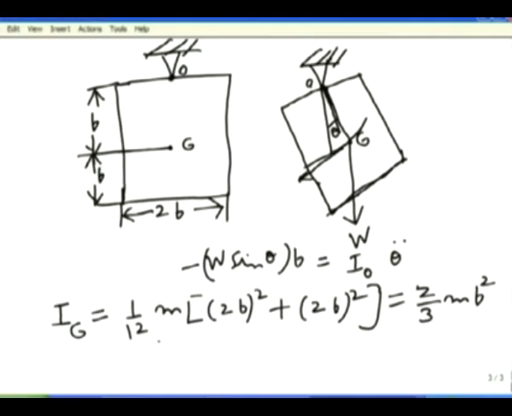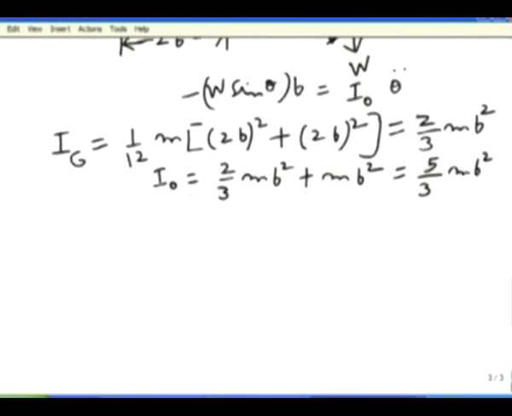So, therefore, I0 will be 2 by 3 mb square plus m times b square. Total mass is m, distance from G to O is b. So this comes equal to 5 by 3 mb square.